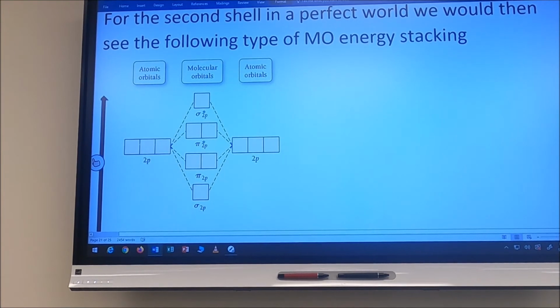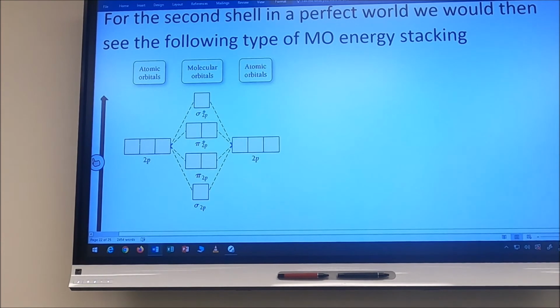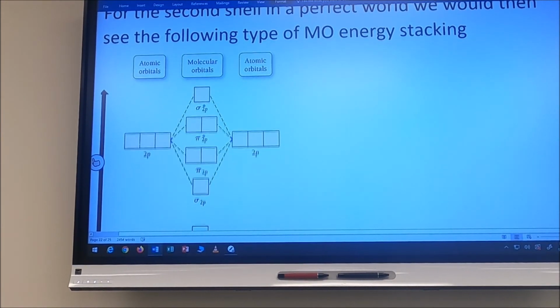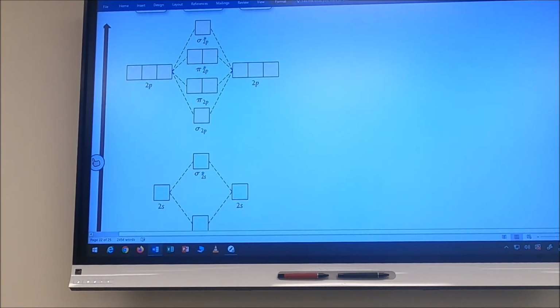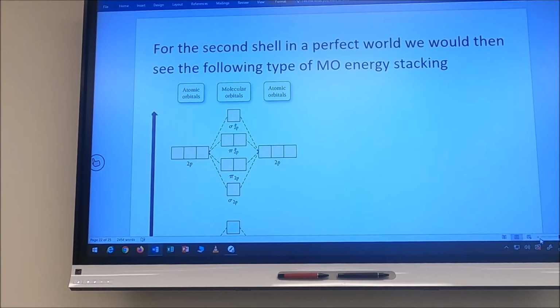So, in a perfect world, we would see the molecular orbital energies in the second shell stack like this. Shrink this down just a little bit so we can get it all in on the screen.